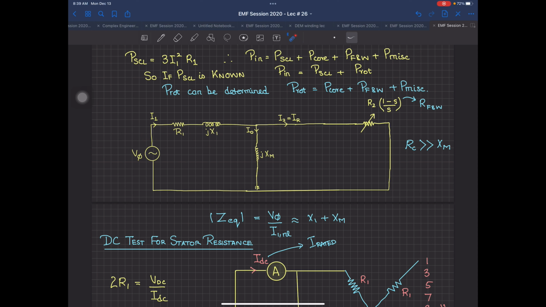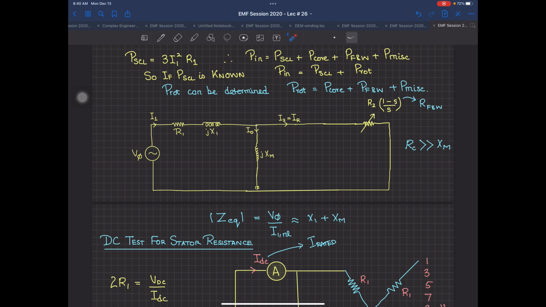Because you are assuming that R1 and this one are so small that they do not have much impact. So practically you have an approximation: this one is equal to X1 plus XM. But sadly, there is no way to separate X1 and XM because they come in series, so you don't have any path to separate them.